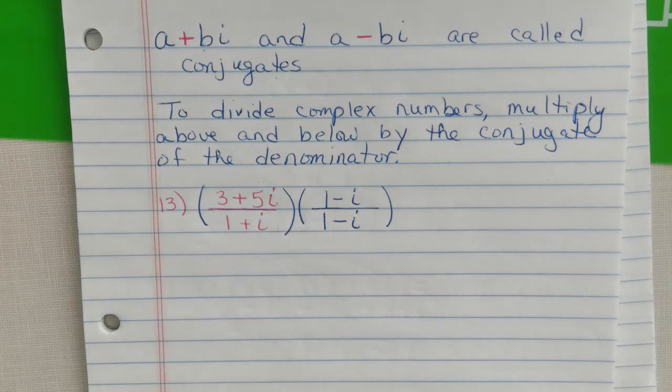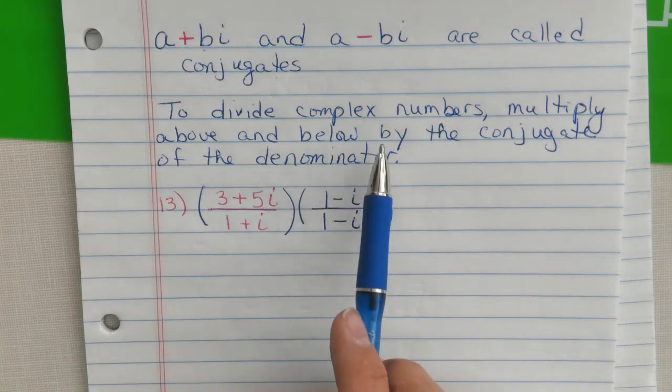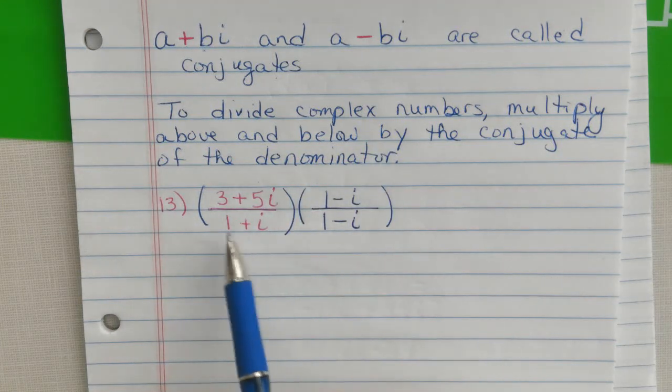So we're going to have to FOIL twice. So I'm multiplying by the conjugate of 1 plus i, which is 1 minus i. Just change that middle sign.